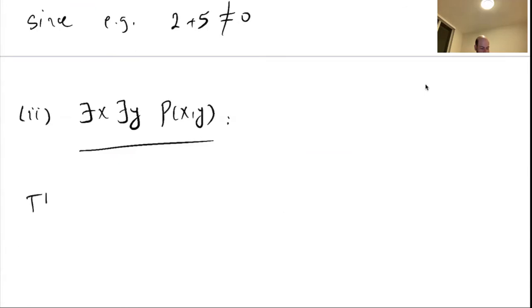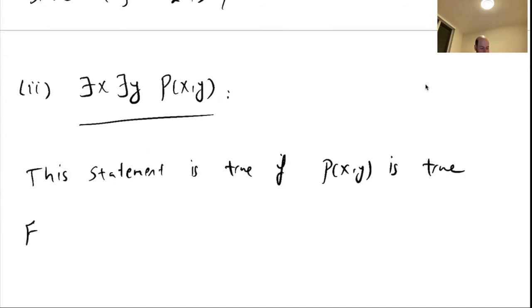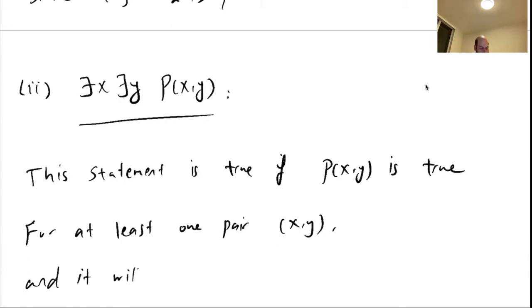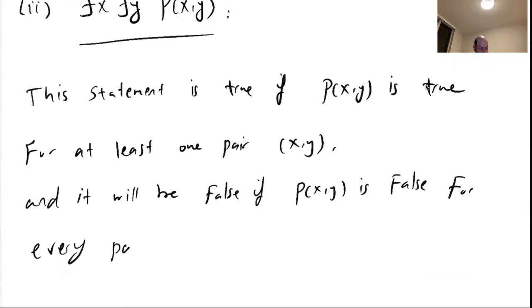So this statement is true if P of x and y is true for at least one pair x and y, and it will be false if P of x and y is false for every pair x and y.